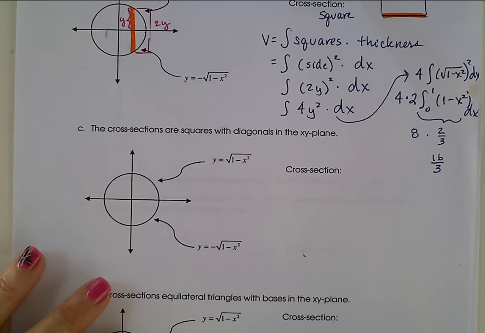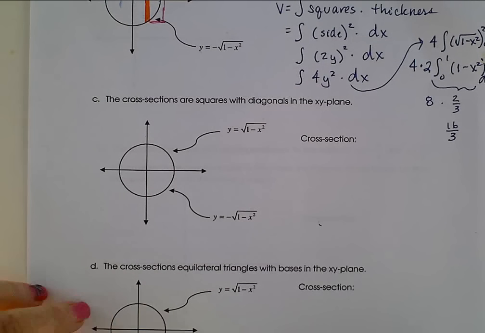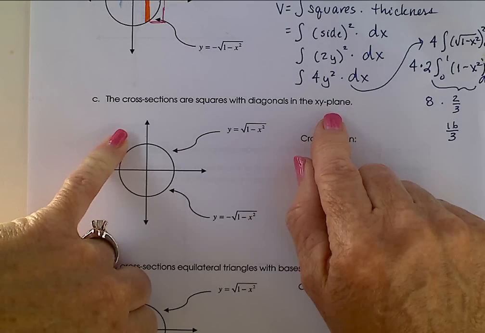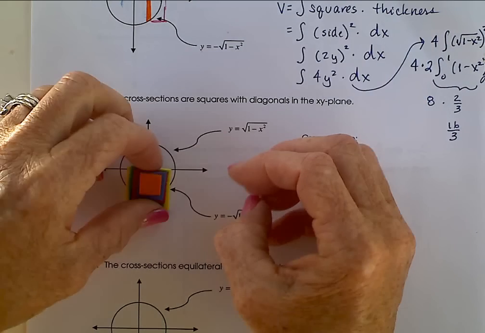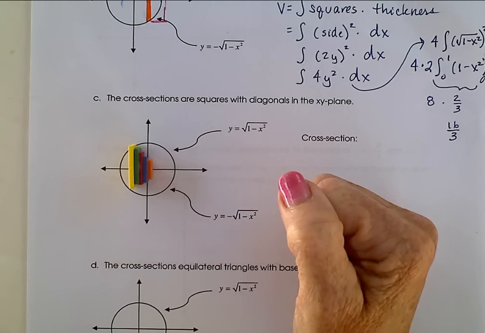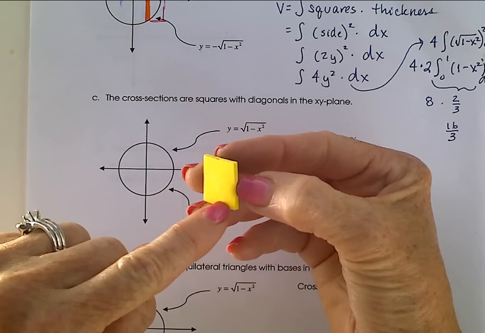Okay, now look at this next one. The cross sections are still squares, but the diagonal is in the XY plane. So instead of the squares sitting like this with a side in the XY plane, this diagonal is going through the XY plane.